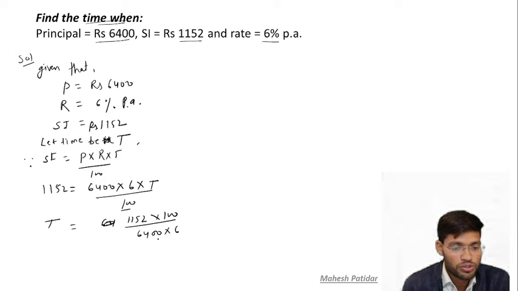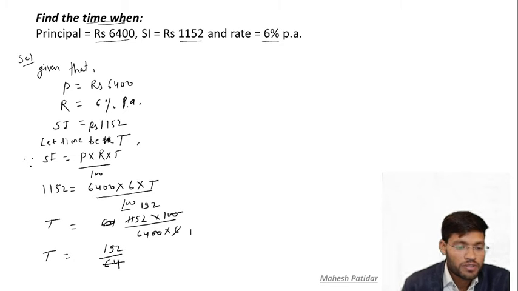and 6400 into 6. Now 6 ones are 6, 6 ones are 6, 6 nines are 54 and 6 twos are 12. Now 20 cancels by 20 and T is equal to 192 by 64.